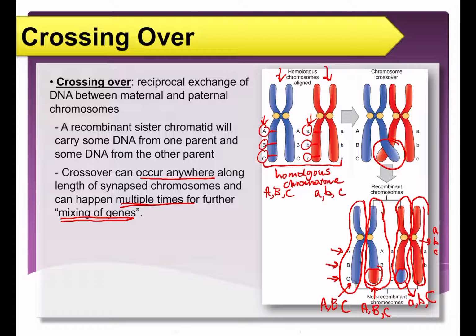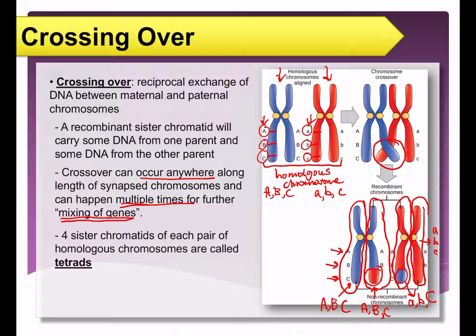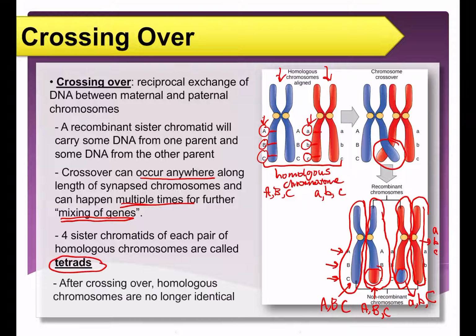When we refer to a pair of homologous chromosomes lined up against each other, we refer to them as tetrads, okay? And after crossing over, alleles of the same genes are now mixed, and hence these chromosomes are no longer identical.